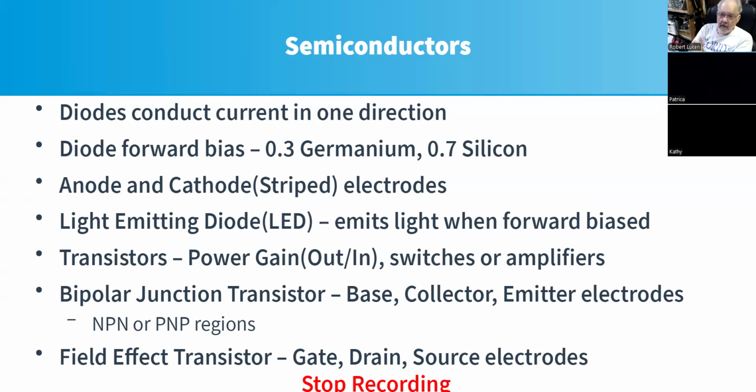Depending on the color of light, the amount of bias voltage varies. So instead of being 0.7 volts like silicon, they may be 2 volts or 3 volts. I think I've seen them up as high as maybe 4 volts, because they use different materials to get the different colors, and it requires different bias voltages.